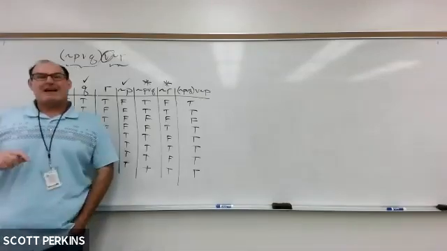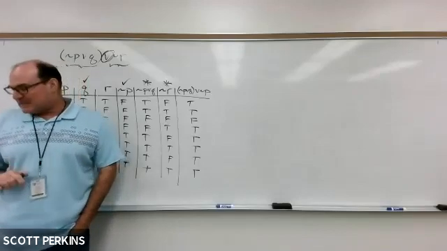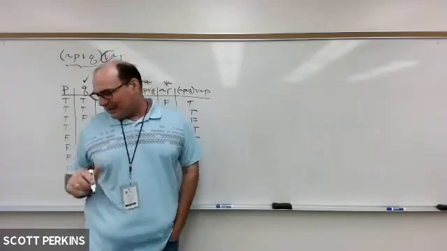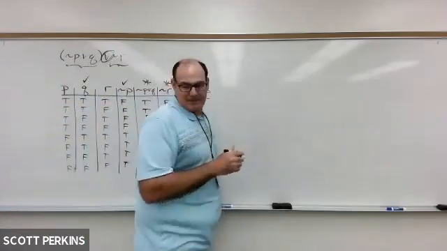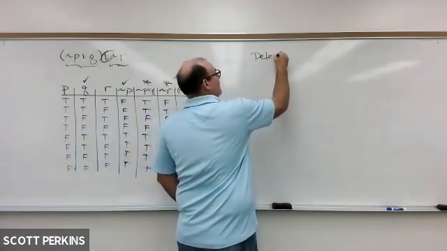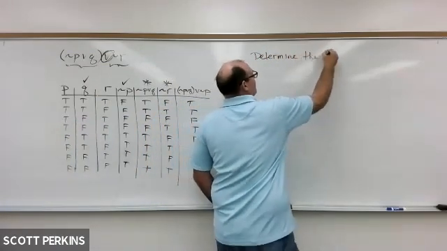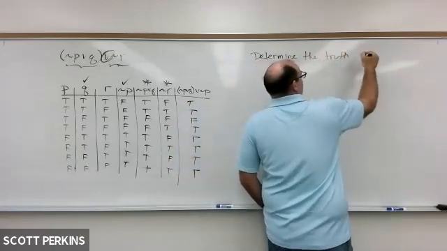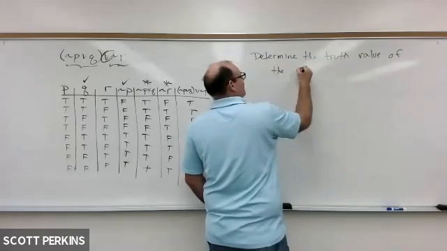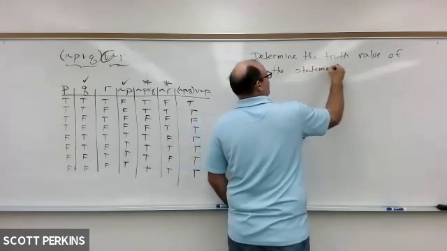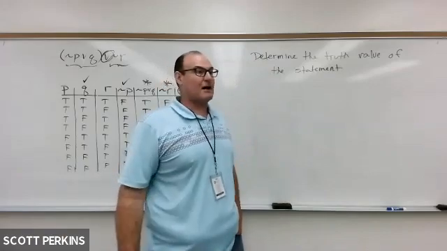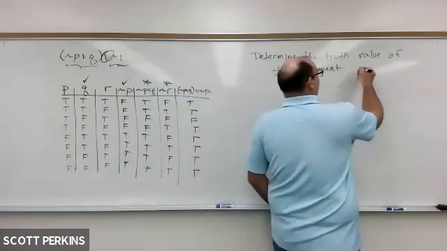All right, the last thing that you're going to see before we sneak into section 3.3, and I'll give you your truth table facts for that, is something like this. So you're going to determine the truth value of the statement. But this time, instead of asking you to do a whole truth table, because sometimes that's not what we need, I'm going to give you the parameters.